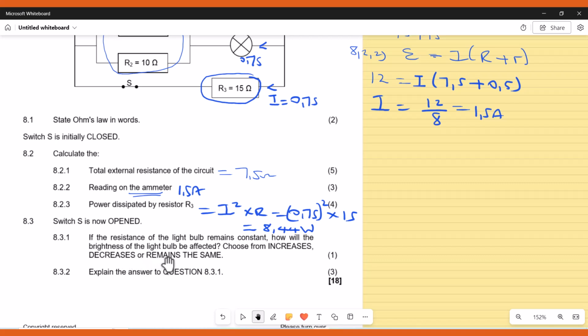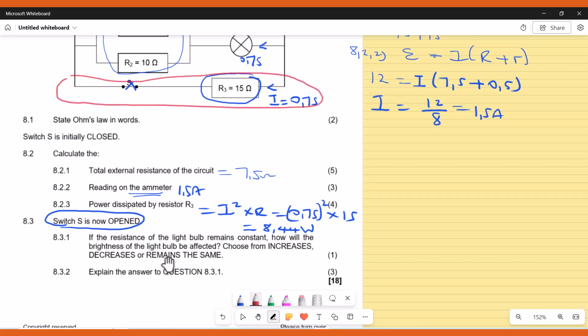Now, if the switch is now opened, it means that there's no more current passing here anymore. So this part which I'm putting in red is out of action because no more current is passing here. Are we together?